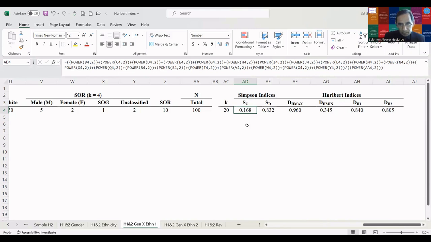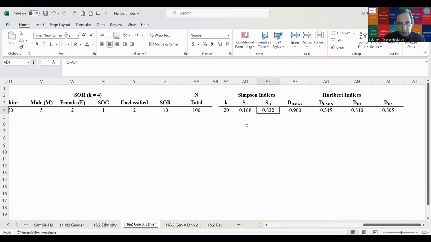When I do that, I get a product of 0.168, which is the concentration score. Again, to obtain the diversity score, I subtract the concentration score from 1. That gives me a Simpson diversity score of 0.832.